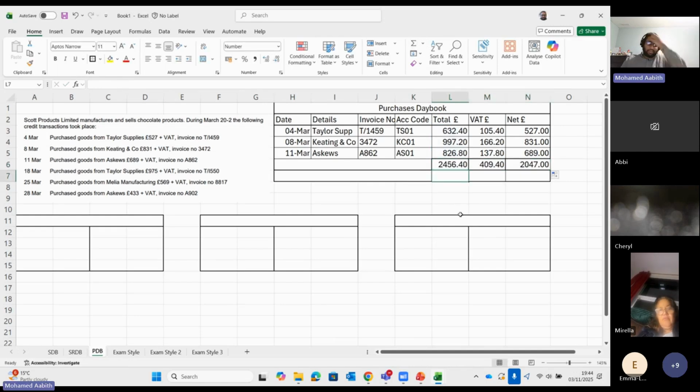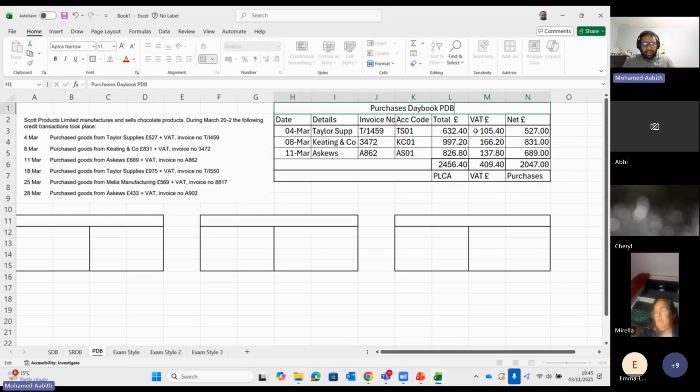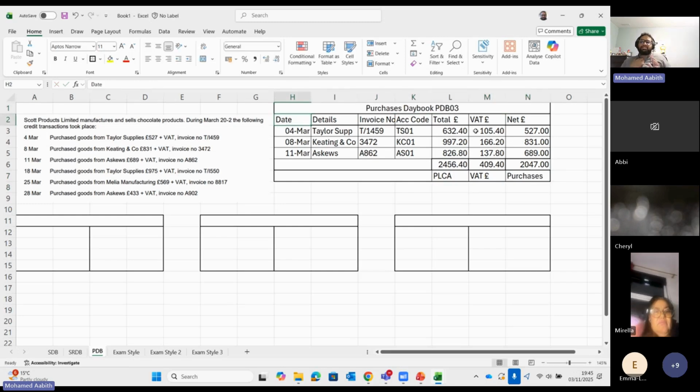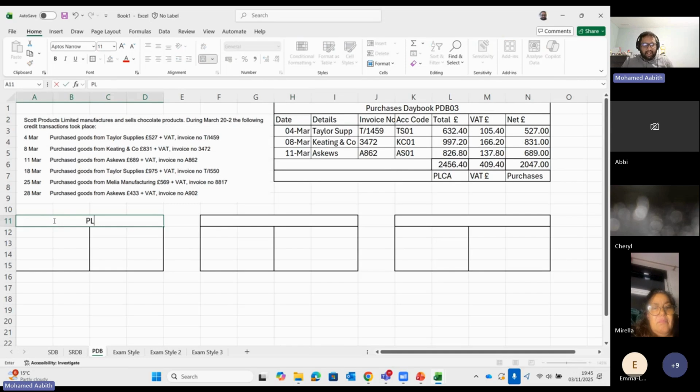We have that figure. So we have decided this is going to go to the PLCA, this is going to be for VAT, and this is going to be for the purchases account. So we're going to give this the name PDB03, because that is done during the month of March. So let's go and look at the PLC here, VAT account here, purchases here.